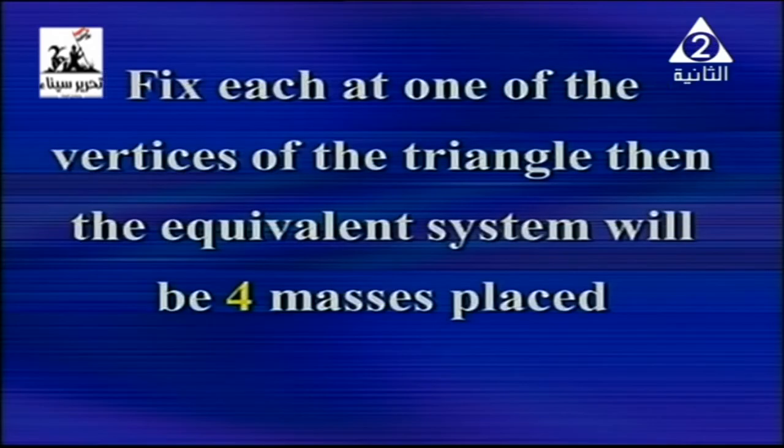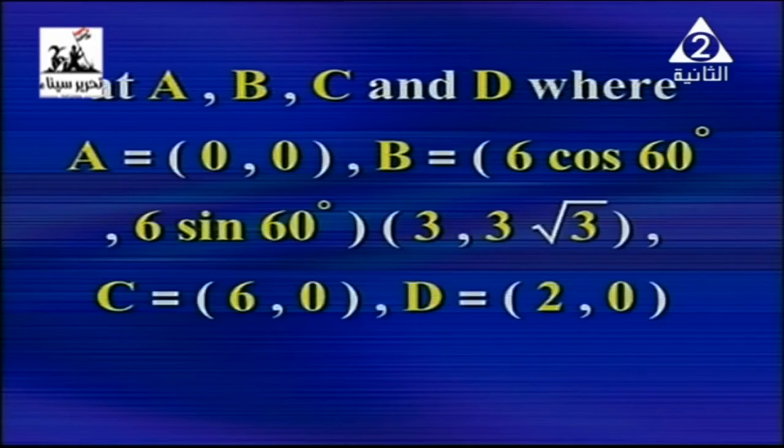Fix each at one of the vertices of the triangle, then the equivalent system will be 4 masses placed at A, B, C, and D, where A is (0, 0), B is (6 cos 60, 6 sin 60), point C is (6, 0), and point D is (2, 0).